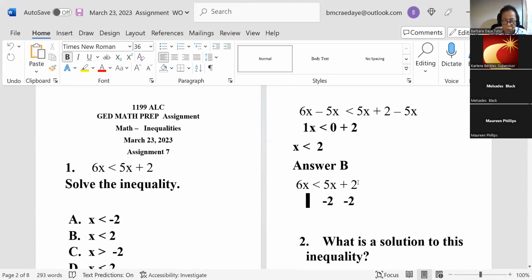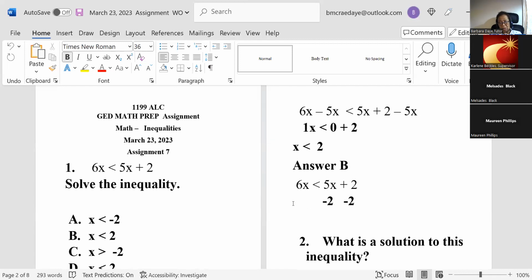So if you did a minus 2 and a minus 2 here, you'd have to do minus 2 on the left side. Oh, I didn't think. Well, remember, that's one of the key rules when you're doing this problem solving: do whatever you do to the right, you do to the left to keep the inequality or an equation in balance.